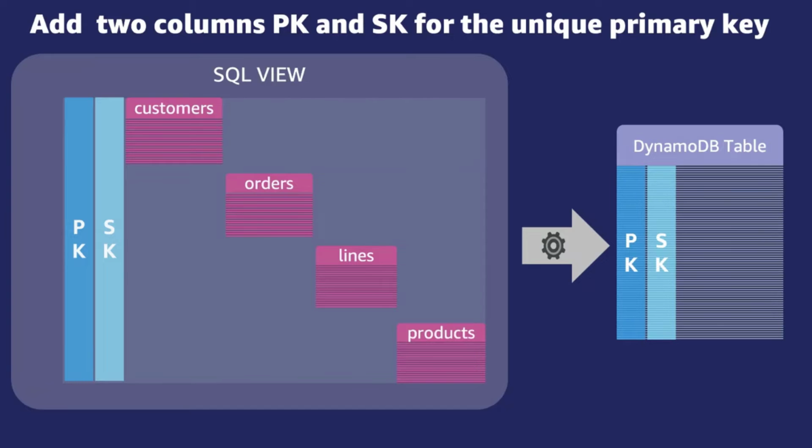If the GSI itself doesn't have enough capacity because it can't be spread across enough servers, it can get throttled, and it will apply back pressure to the base table, and writes to the base table will start to get throttled eventually as well. So you want to make sure that both your table and your GSI are spread across a wide key space of partition keys.